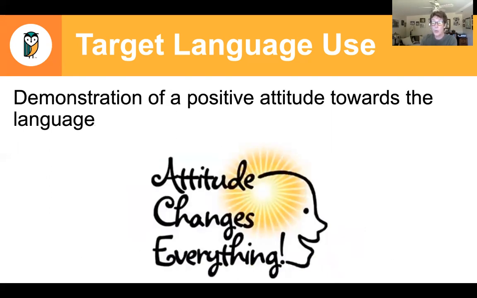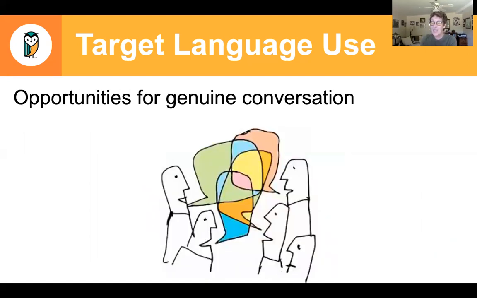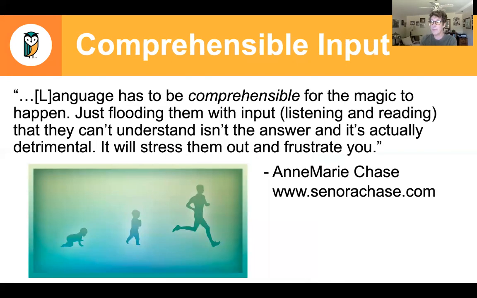And showing that you enjoy and want to use the language demonstrates a positive attitude toward it. And we know that a positive attitude changes everything. And a last reason is that using the language in class as much as possible will allow for real conversations to happen with and amongst your students.